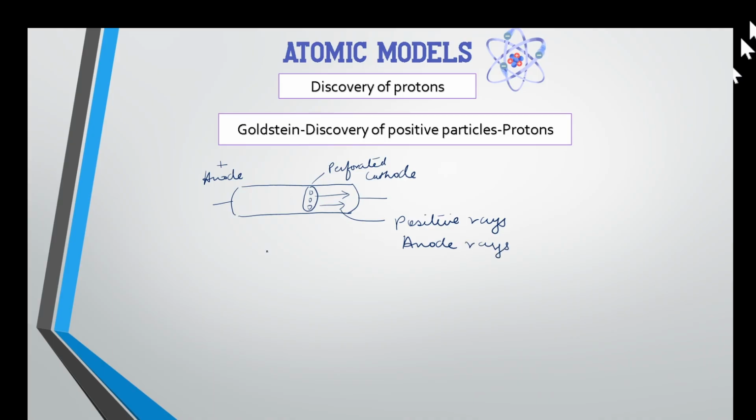In the opposite direction towards the anode were the cathode rays. The anode rays or positive rays consist of positively charged particles, and these charged particles were called protons. So the discovery of the positive particles led to the discovery of the protons. That was the contribution of Goldstein.